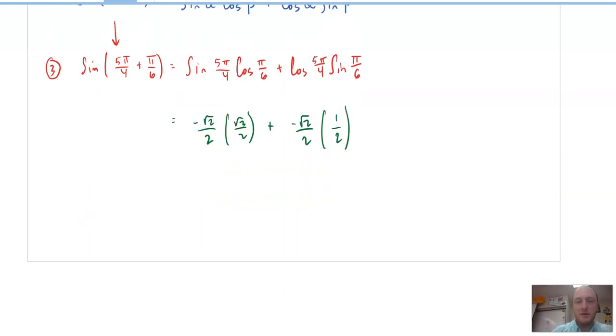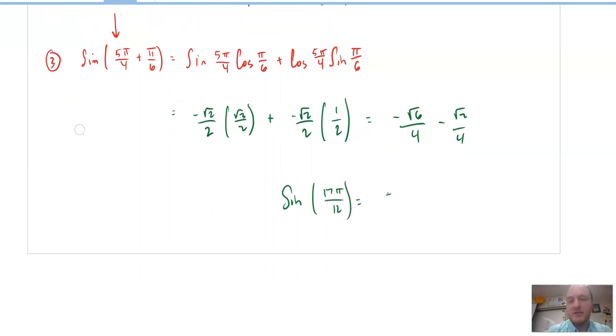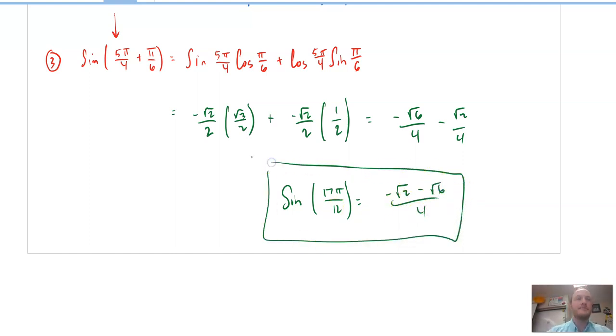So this gives us negative root 6 over 4 minus root 2 over 4. And that would mean that, not cosine, sine of 17 pi over 12 is equal to, after I simplify, negative root 2 minus root 6, all over 4. And there's our answer.